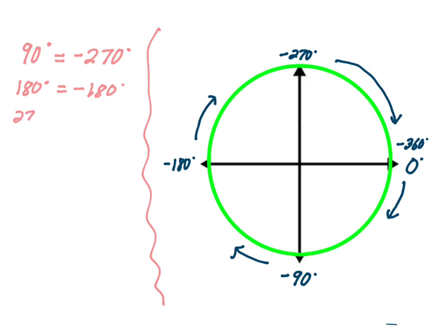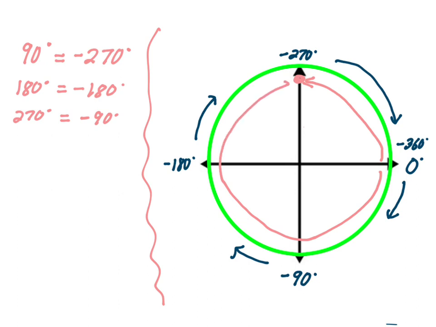And going 270 degrees lands us at negative 90 degrees. Let's take a look at that. So if I go in a positive direction at 90 degrees, I'm going to end up right here. If I go negative 270, that would be negative 90, negative 180, negative 270. I end up at the same location.